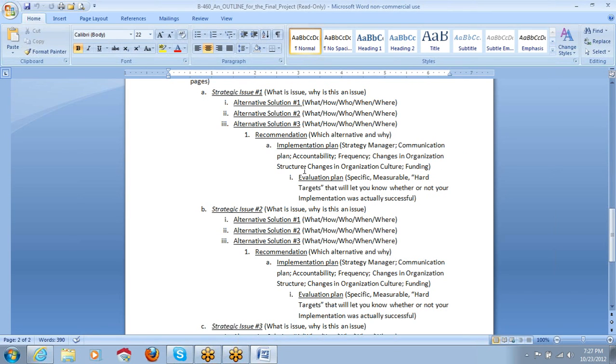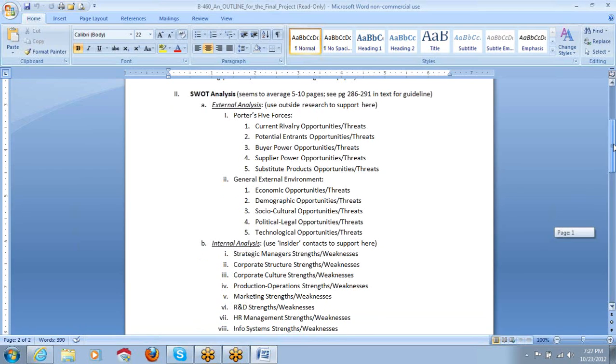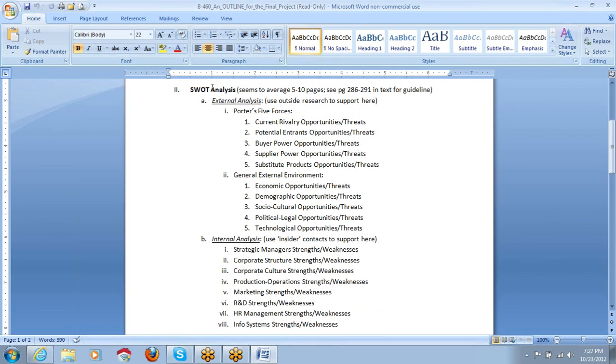And little letter I, evaluation plan, that does not get done until week 10. Okay? So, let me go back. SWOT. This is done in week 4. Section 2, SWOT. This is all done in week 4.